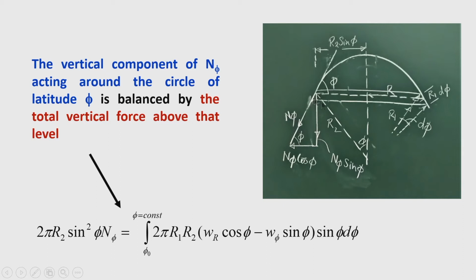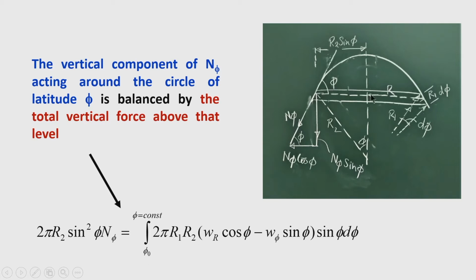And n phi is acting per unit length, and if I see the circumference of this parallel circle, it will be 2 pi r, where r is the radius of the parallel of latitude. So in that case, this 2 pi r n phi sin phi will be the total vertical component of n phi acting at this point.